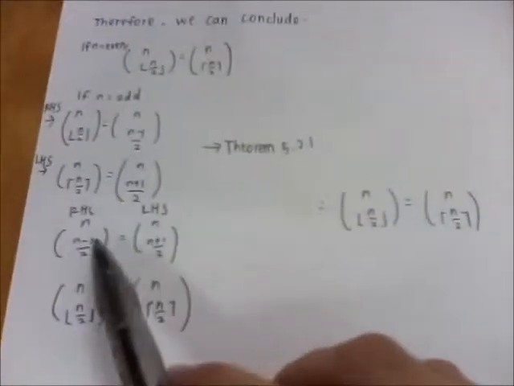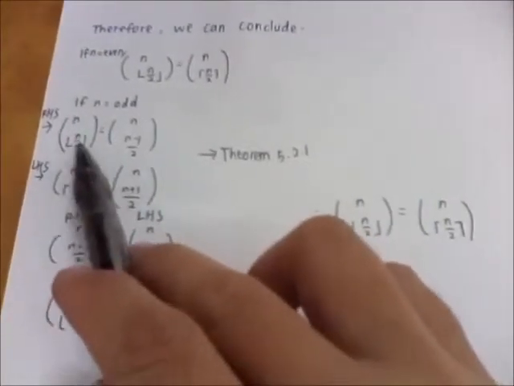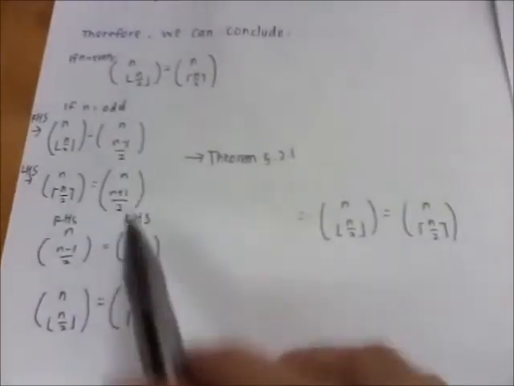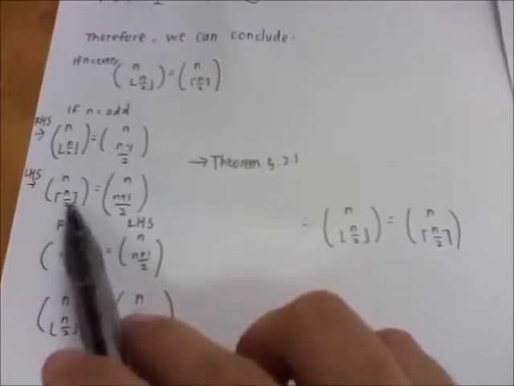So the right hand side is the n of the floor of n over 2. So the n of the floor of n over 2 is equal to the left hand side, which is the n of the ceiling of n over 2.